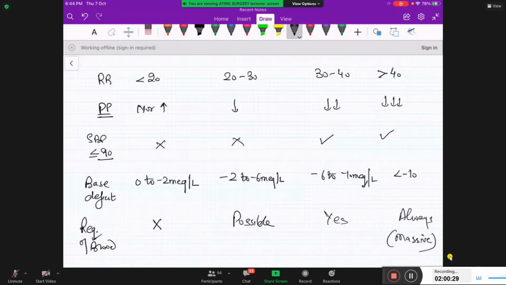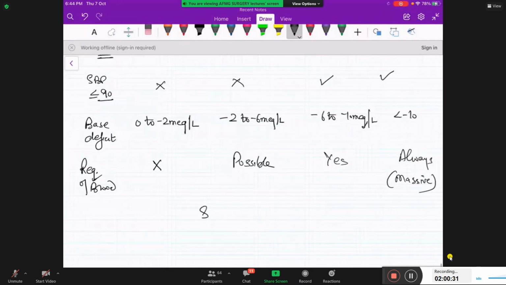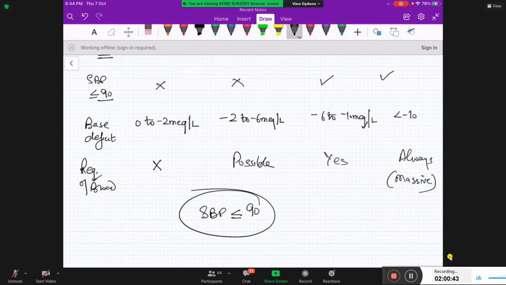Very good. Any patient having a systolic blood pressure of less than or equal to 90 will be considered unstable.